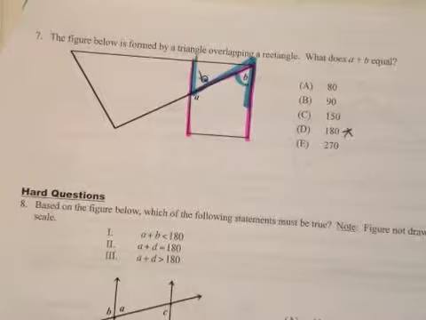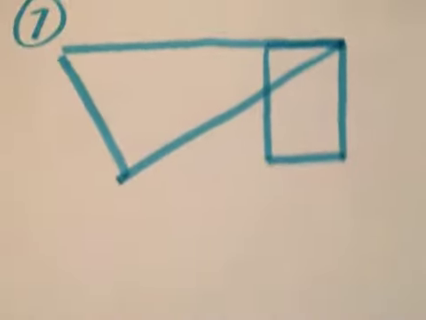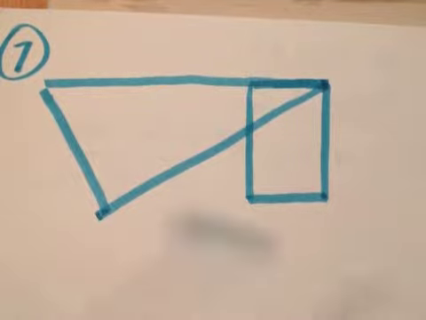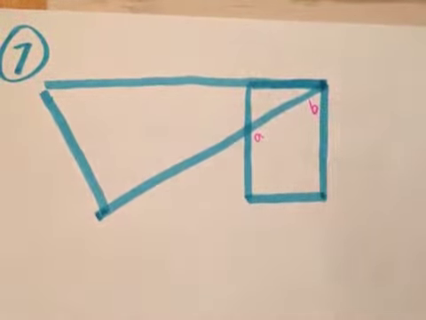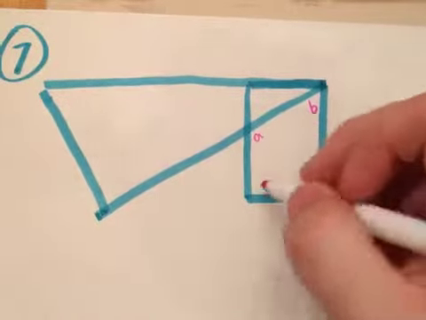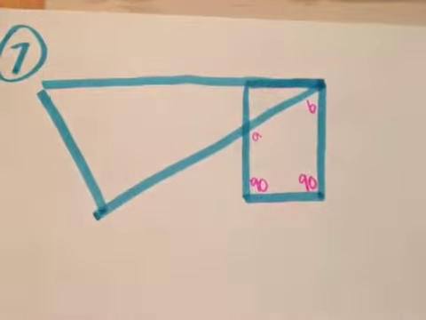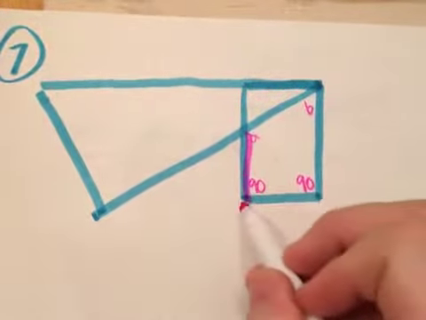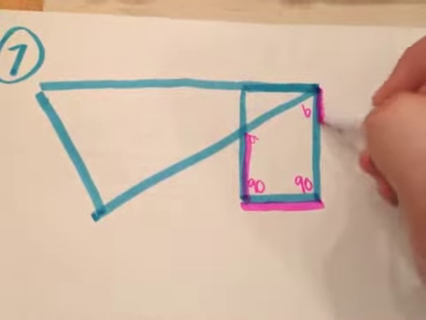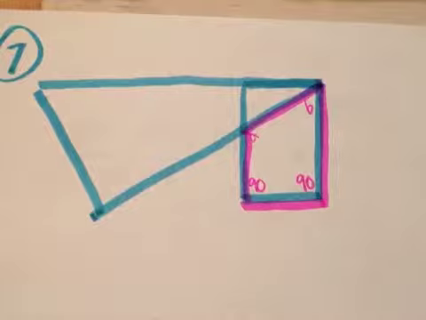There's another way to get there though as well, and it goes with looking at just the shape of what's left. We've got A and B here, and because this was originally a rectangle, we know that this is 90 and this is 90. The shape we have here that I'm highlighting in pink has 4 sides.